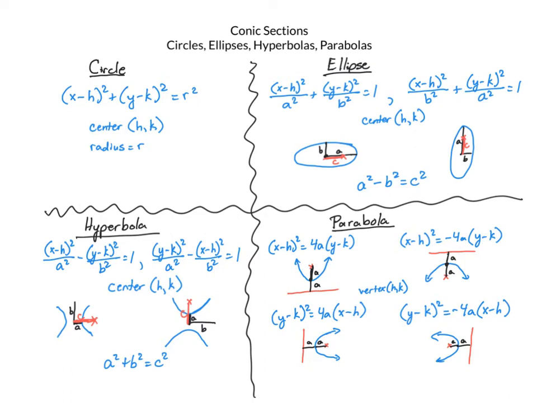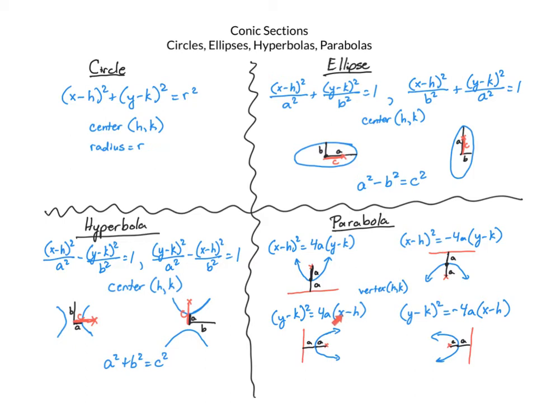Now, over here on the parabolas, look at the vertex, always at (h, k). If we have a y equals x squared type, we have something that will open up or open down, depending on whether the coefficient is a positive 4a or a negative 4a.